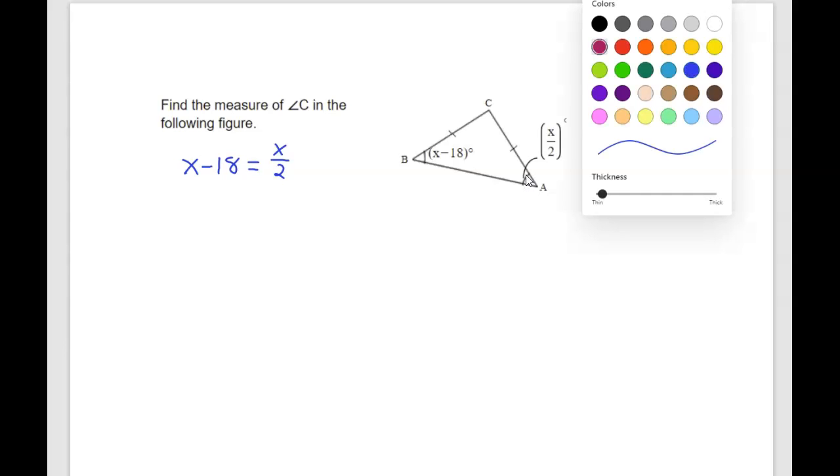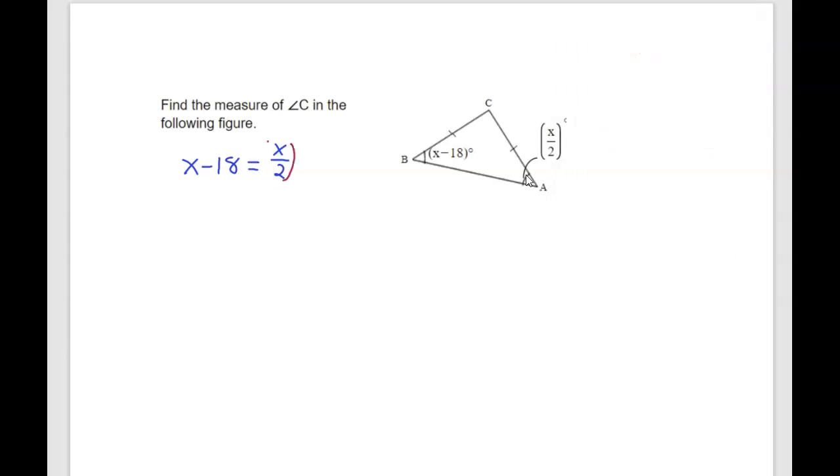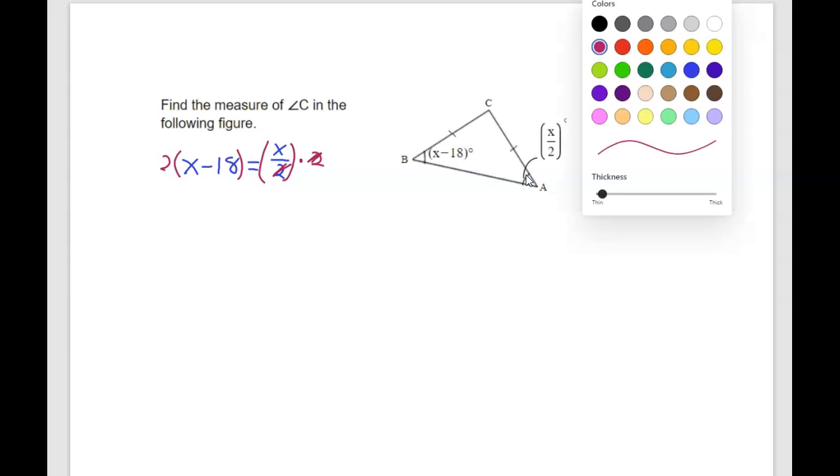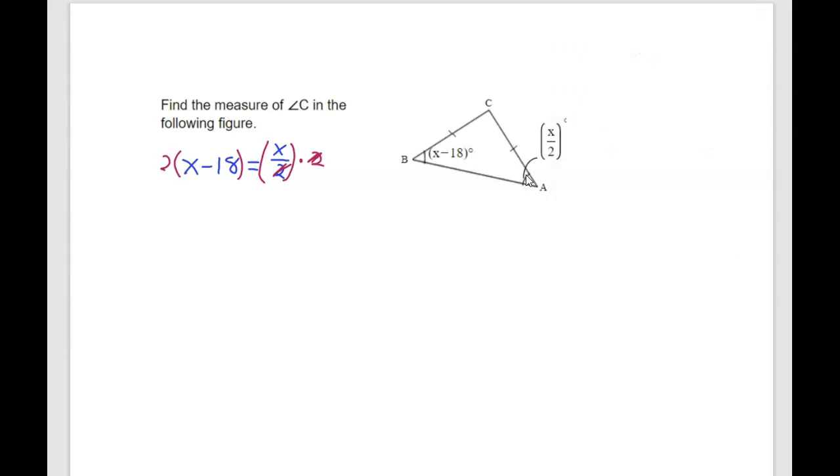So whenever I solve for x to begin with, the first thing I want to do is get rid of that denominator. We don't like denominators. So I multiply both sides by that denominator, and that gets rid of this 2 on this side. And when I get rid of that denominator, I have to multiply every single term by that denominator. So I get 2x minus 18 equals x.